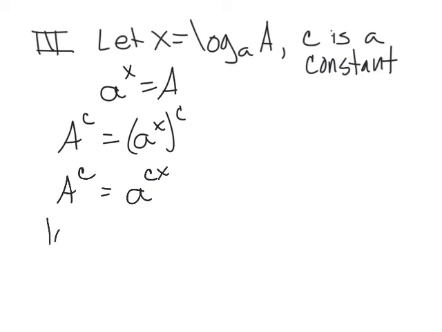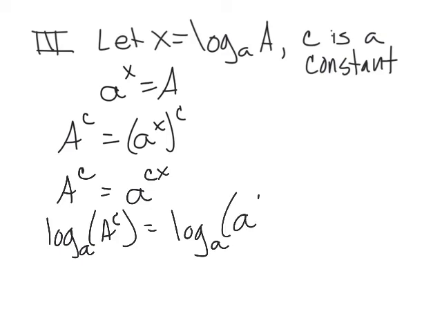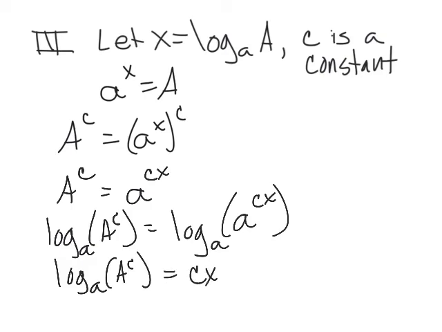Once again, I'm going to take log to the base a of a to the c, and that's equal to log to the base a of a to the cx. Using our properties, log to the base a of a to the c is equal to c times x. I substitute in: I know x is log to the base a of a, so I'm going to replace the x with that, and we will be at our third law.